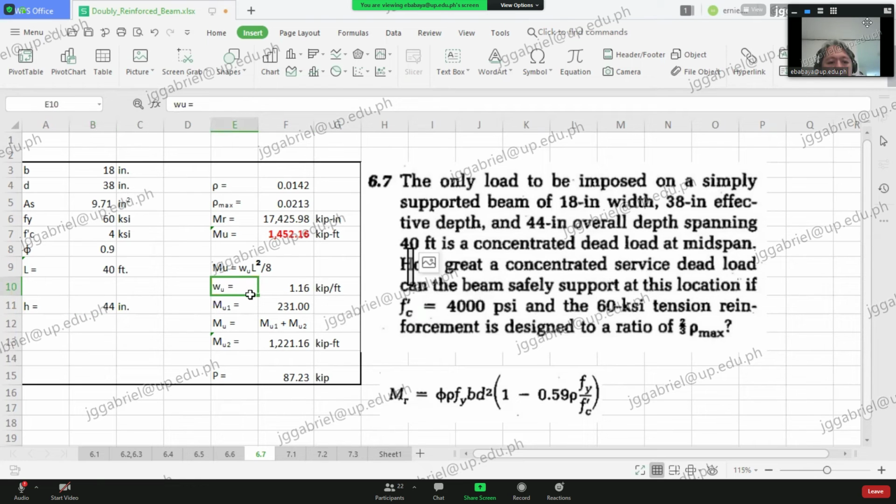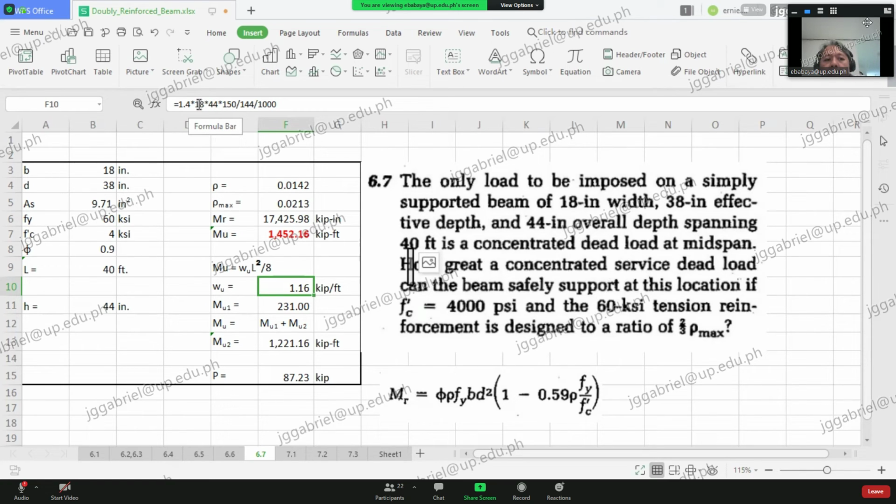WU, which is actually the first component of the moment. This WU has this formula. 1.4, that's the factor. 18 and 44, that's the dimension of your section.